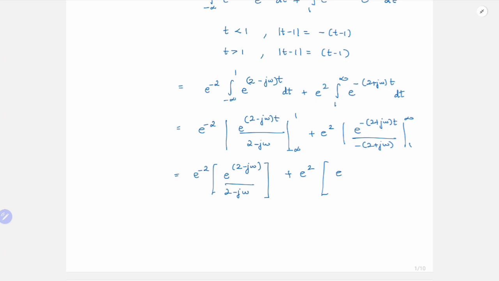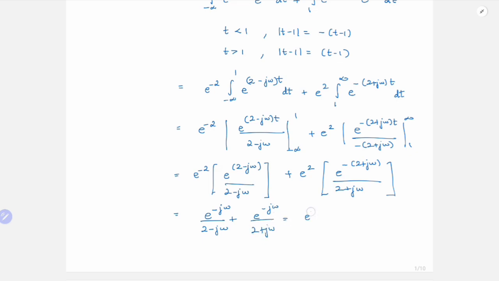So this minus and that minus will cancel. So I will just get e power minus of 2 plus j omega by 2 plus j omega. So now minus 2 plus 2 will cancel. We will have e power minus j omega by 2 minus j omega. Plus here also my plus and minus cancel. We have e power minus j omega by 2 plus j omega.